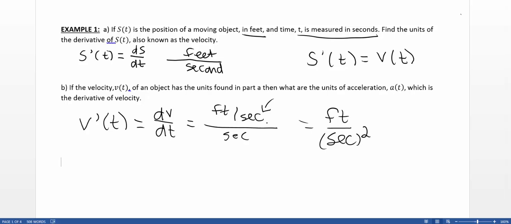Now, just to be really clear about the relationship we have here, we said the derivative of velocity is acceleration.